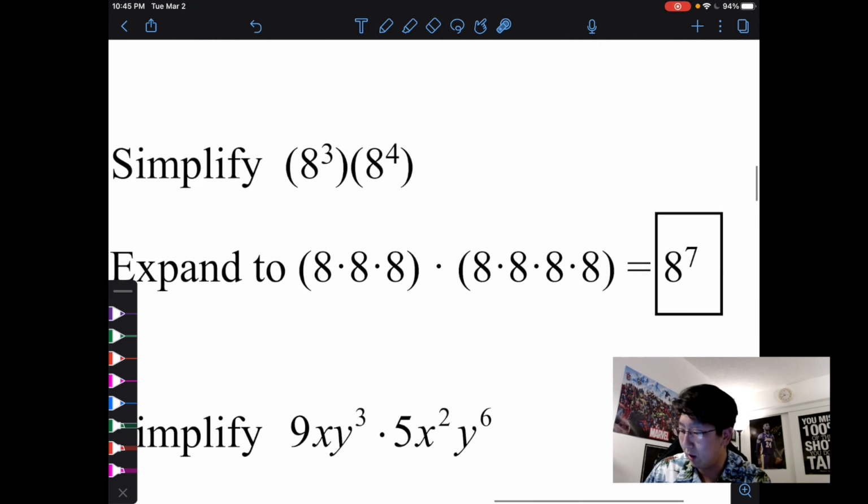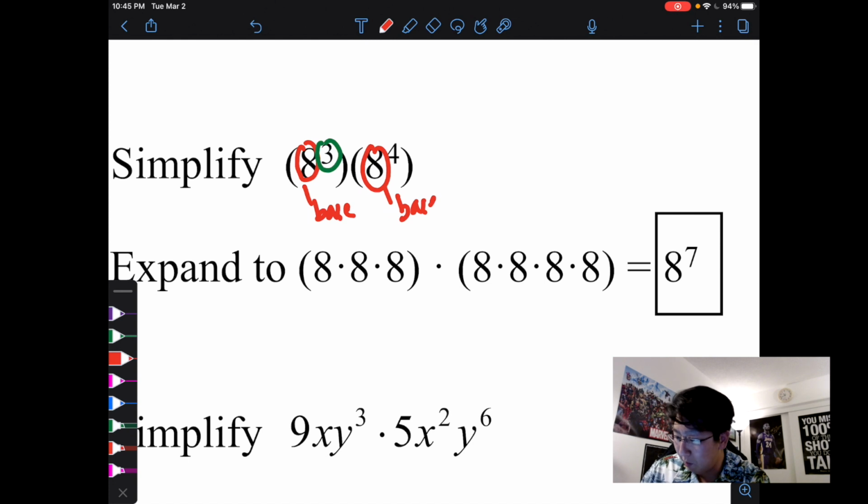Okay, let's look at the next example. Here I have the base 8 and the exponent 3. So you can see that 8 times 8 times 8 is represented right here. Next one I have the base 8 and exponent 4. So I have 8 times 8 times 8 times 8. That is represented right here.